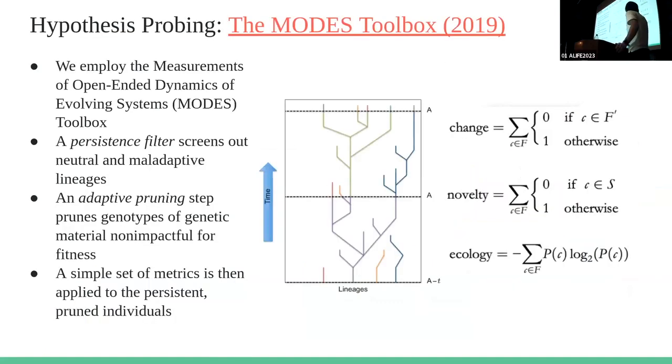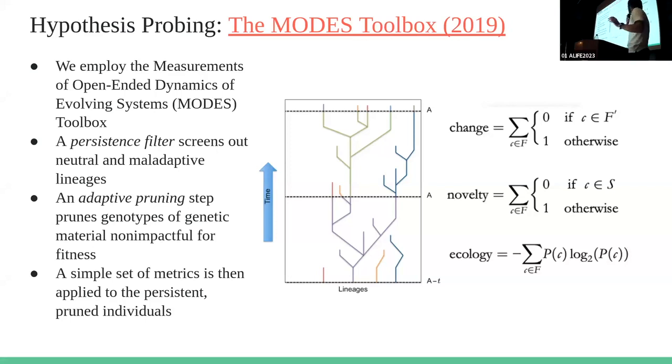So to test this, I decided to use the MODES toolbox introduced by Emily Dolson and Anya Vostinar, the measurements of open-ended dynamics of evolving systems, which is a set of tools and techniques to try to pin some simple metrics onto a hypothetically open-ended system.